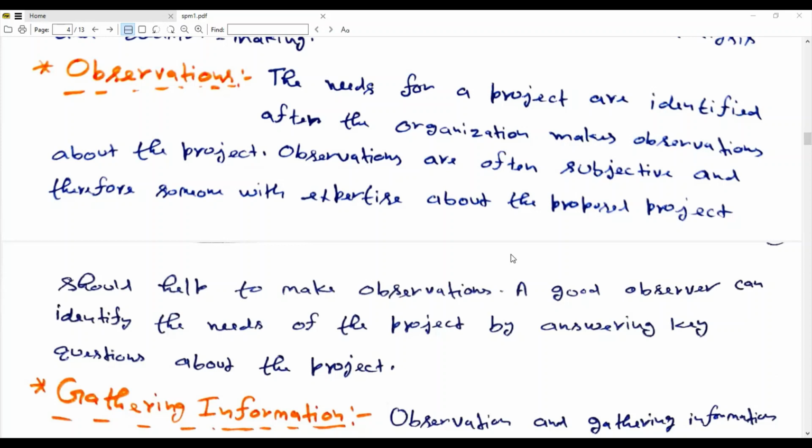Observations are often subjective, and therefore someone with expertise is needed, as we have discussed, that previous knowledge is more precious for us. The proposed project should help to make observations. A good observer can identify the needs of the project by answering key questions about the project. So we can hire an expert or a team with good experience to solve this kind of problem.